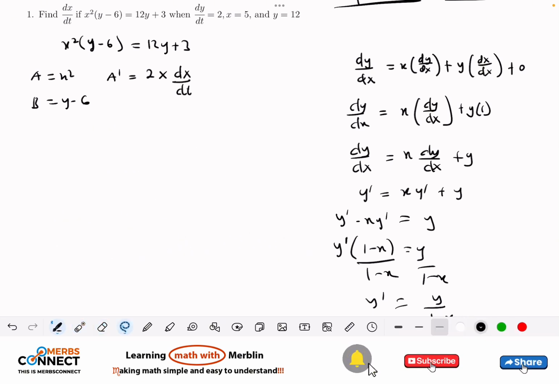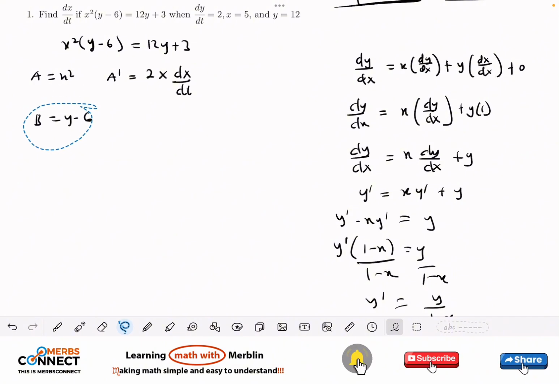So now what will be b prime? B prime will be equal to... now when I differentiate y, what am I going to get? I'm going to have dy over dt because I'm differentiating with respect to t. So the product rule says that you can multiply this by this first, followed by this, or you go this followed by this, because addition is commutative.